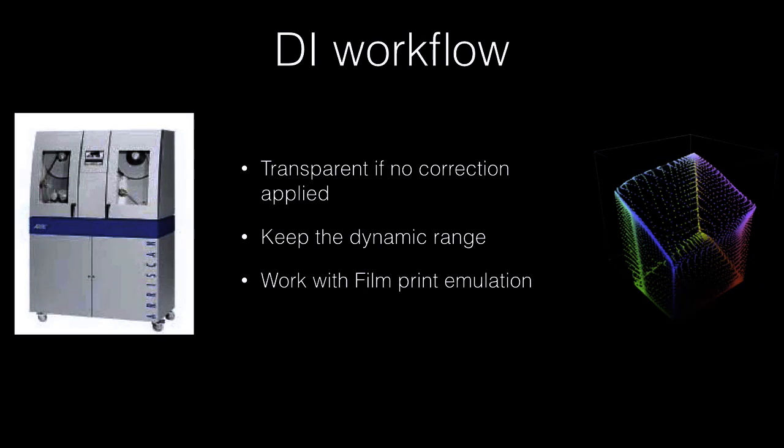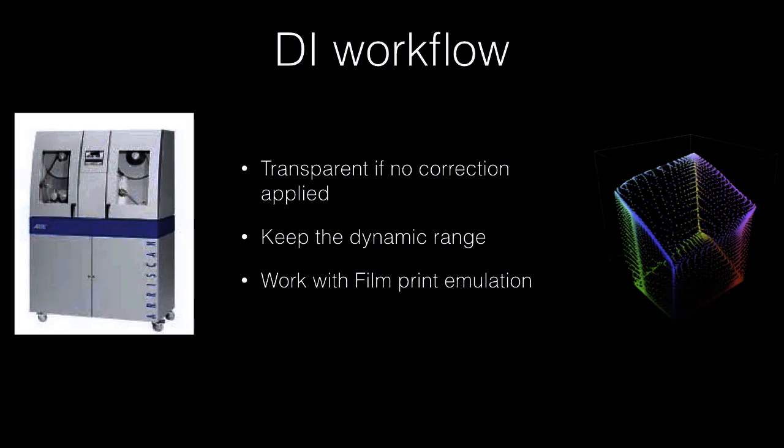The DI workflow is designed to be transparent if no correction is applied. It means that you scan the original negative, you make a digital representation of this, which is generally a Cineon file, and if you don't make any correction, it should look exactly the same as if it was going through the analog process.